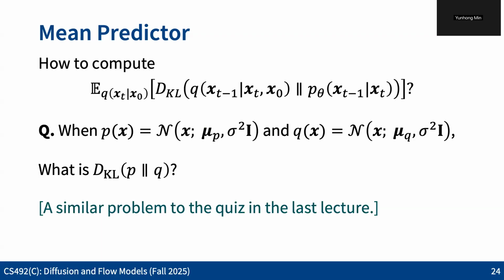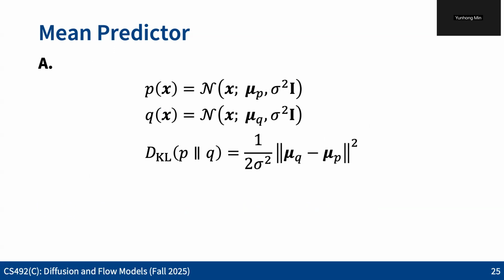So if you compute the KL divergence between these two distributions, when you match the covariance term here, then this becomes nothing but the L2 norm of the difference between the two means of the distributions. You need to check out how exactly we derive this, but you see the basic idea.